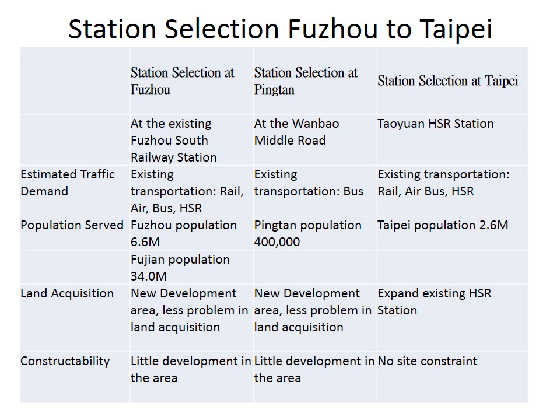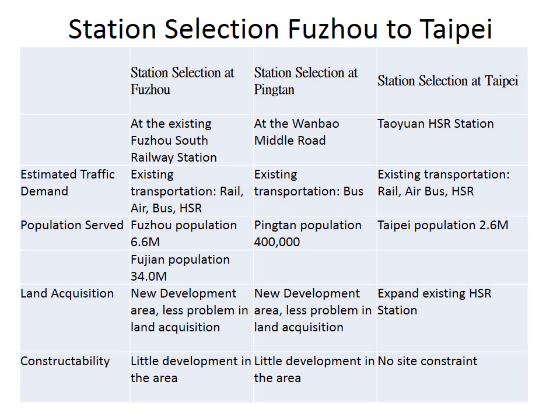For land acquisition, because of the new development area, there are few problems in land acquisition in Fuzhou. For Pingtan Island, because it is a new developing area, there are also fewer problems in land acquisition.